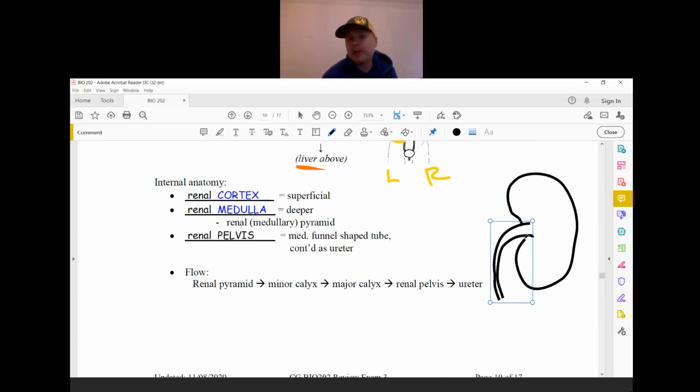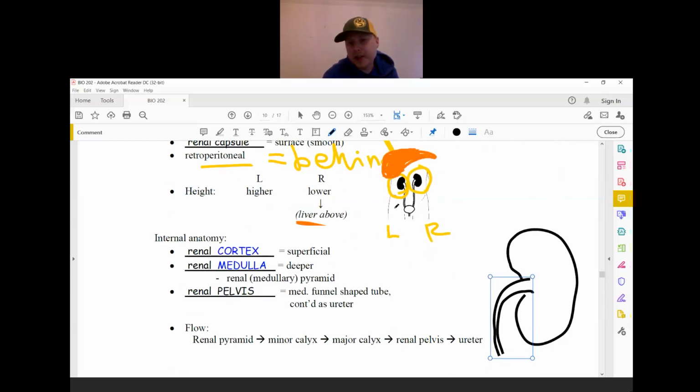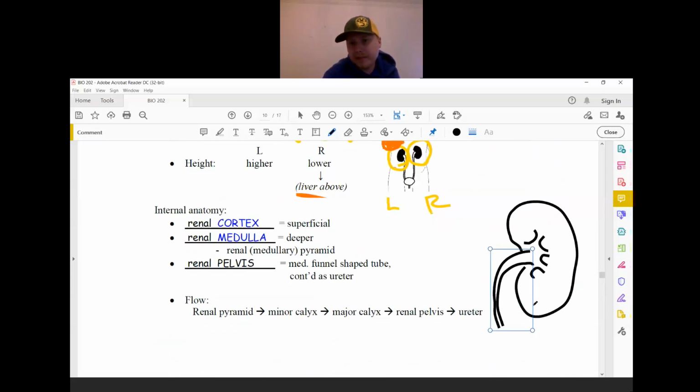I'm going to do also a little bit of branches here. And what else could I do? I could do the renal pyramids. We're going to color these together, so that's a good way of going through them.